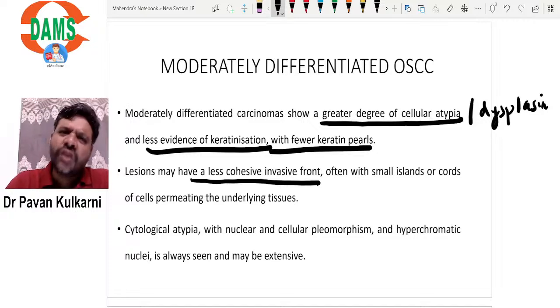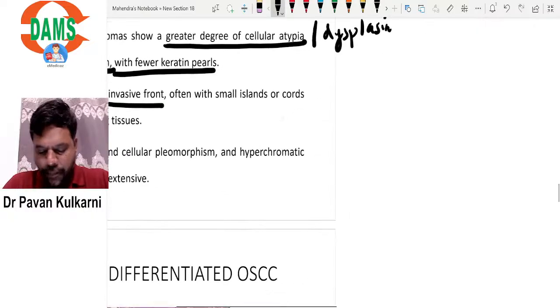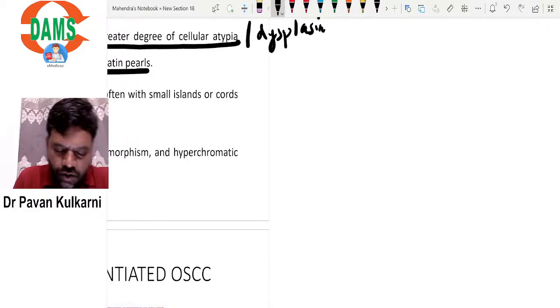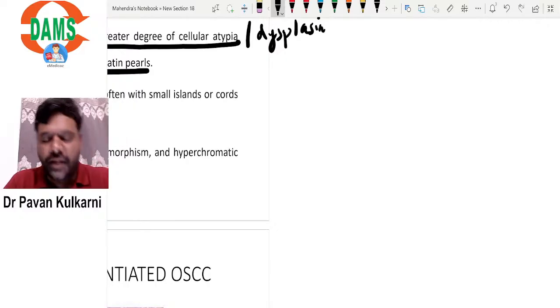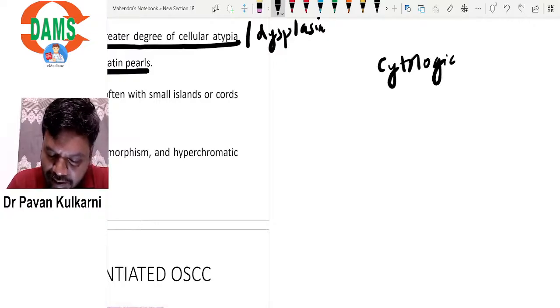What do you mean by cytological atypia? I'll go a little deeper to explain cytological atypia, because this is a very important thing you have to understand. Cytological atypia basically means two things.